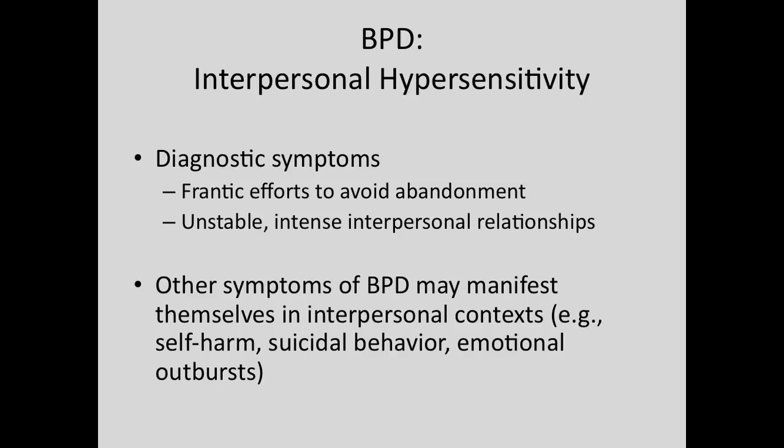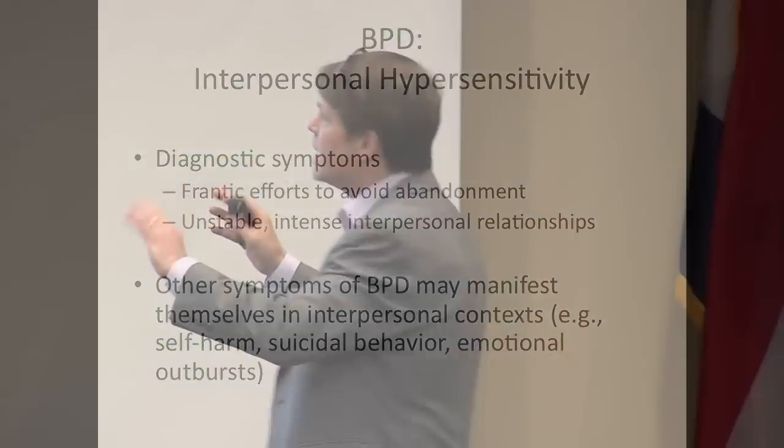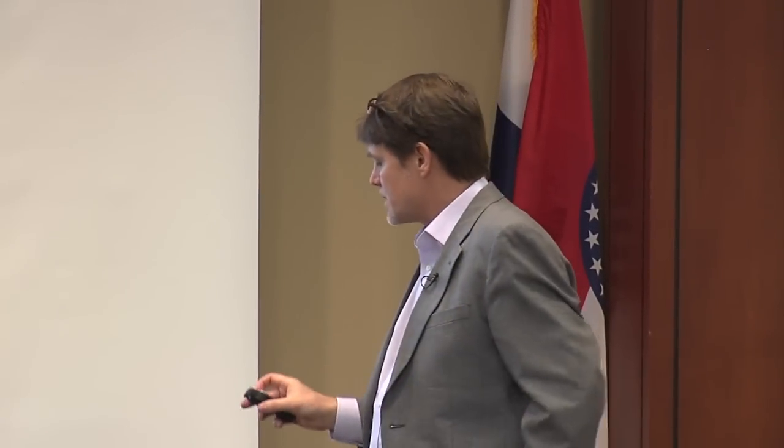So for example, a lot of people with this disorder engage in self-harm, and that may be done in an interpersonal context, maybe suicidal behavior, whether threatening suicide or actually making attempts, and also emotional reactivity and outbursts. So even the other features that we think about with BPD seem to manifest themselves in this interpersonal context as well.